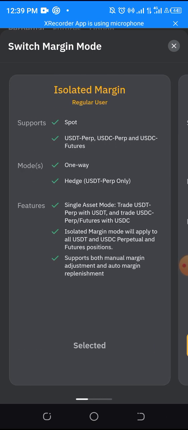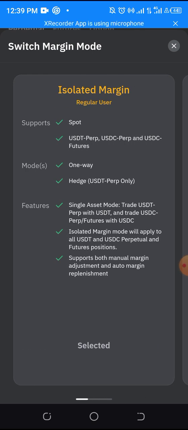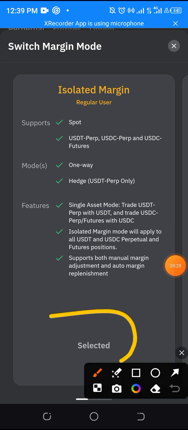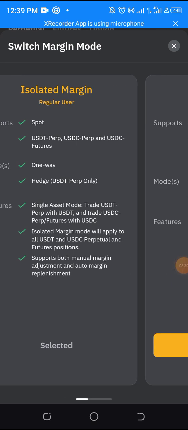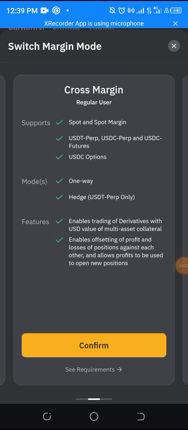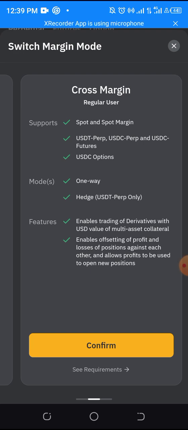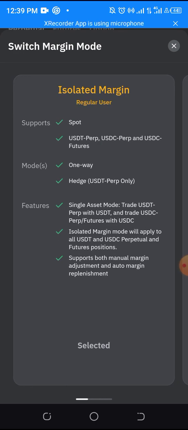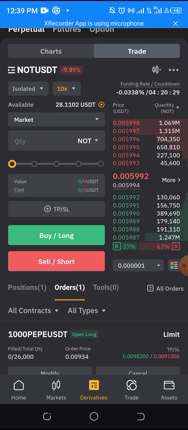Make sure isolated is selected. Do not select or confirm cross margin. All right, that's that. I already selected isolated, so it's showing isolated.